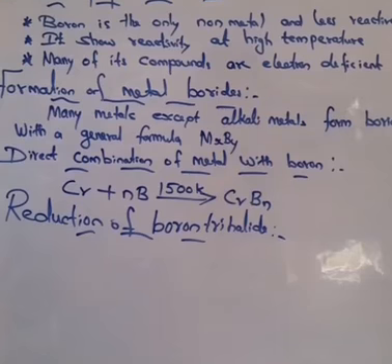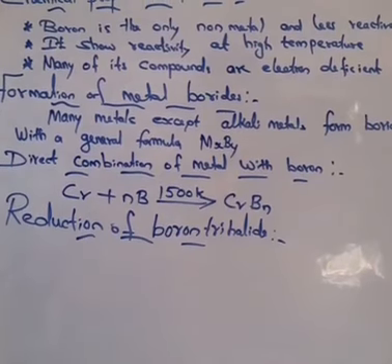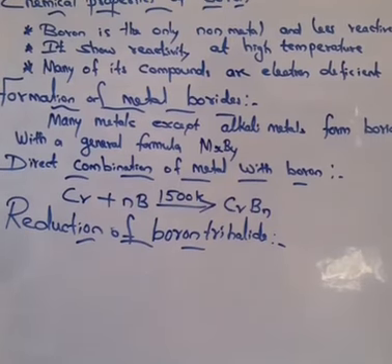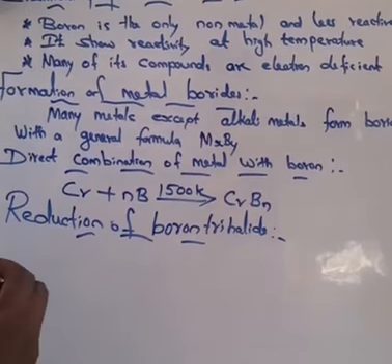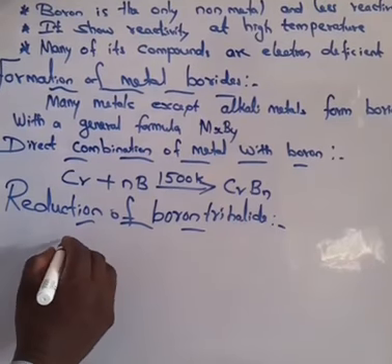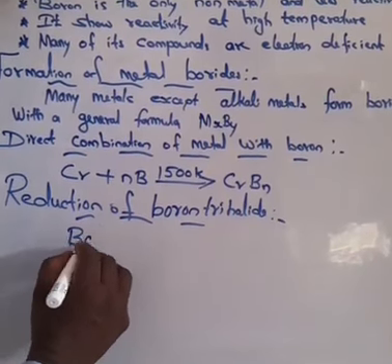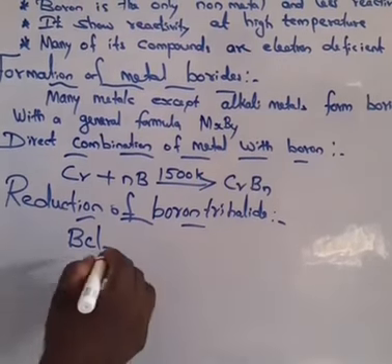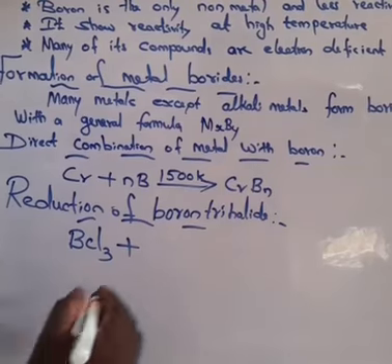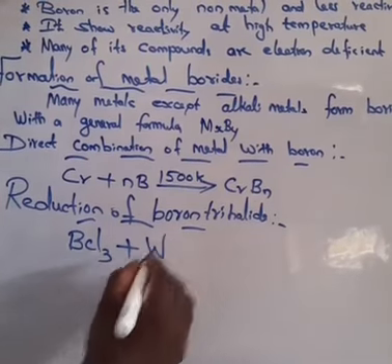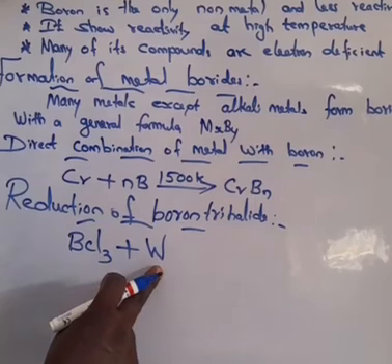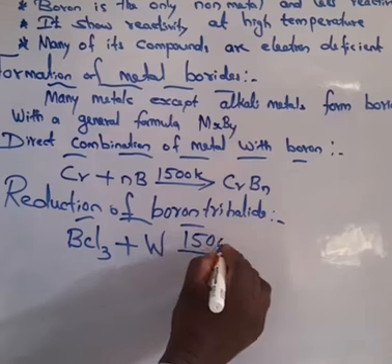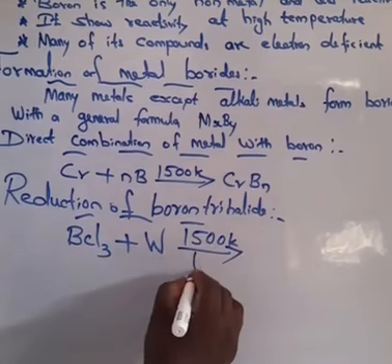Halides, as you all know, are fluorine, chlorine, bromine, iodine. Any boron trihalide can be reduced. A very good example is boron trichloride, with the formula BCl3. It reacts with a metal, assuming W as the metal, at a temperature of 1500 Kelvin in the presence of hydrogen.